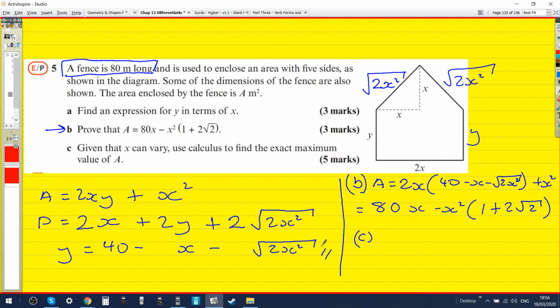The exact minimum value of A. How do you know whether to use differentiation or integration? You tell me. How do you find the minimum area? From the differentiation. Yep.